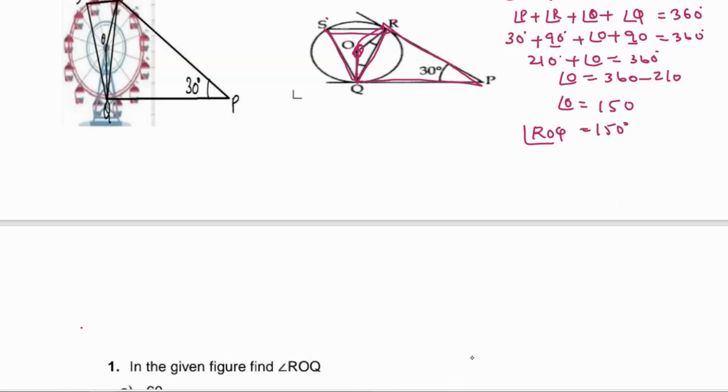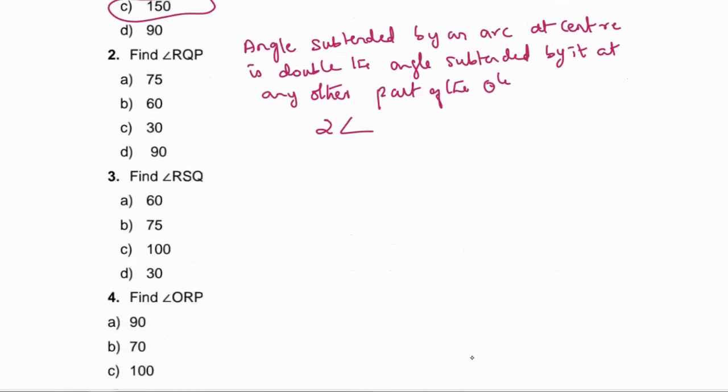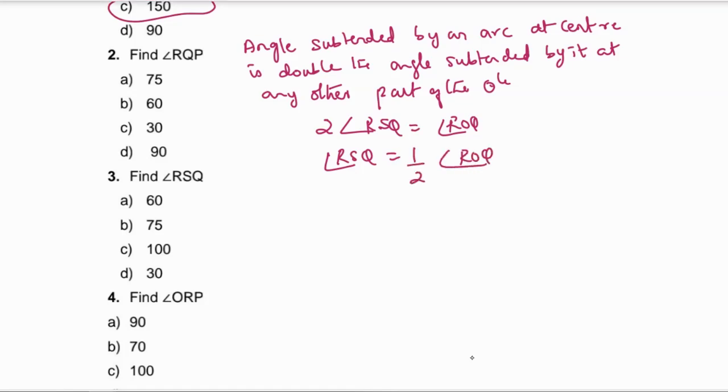The center angle will be 2 times the angle which is subtended at any point of the circle. So now we know that RSQ will be 1 by 2 times ROQ. We have found ROQ as 150. So what will be 150 by 2? It is nothing but 75 degrees.